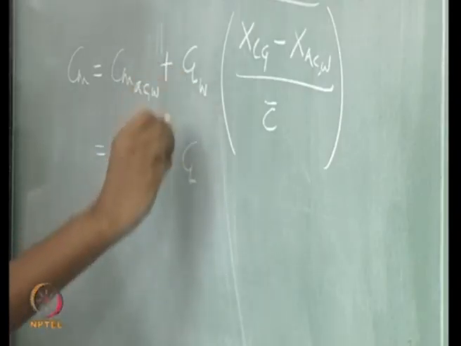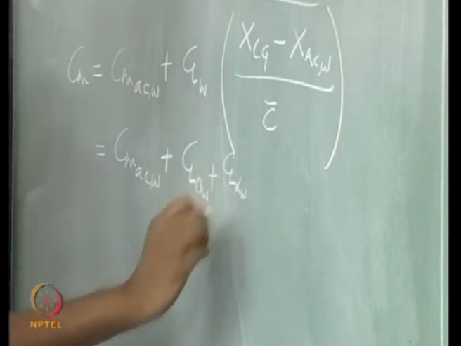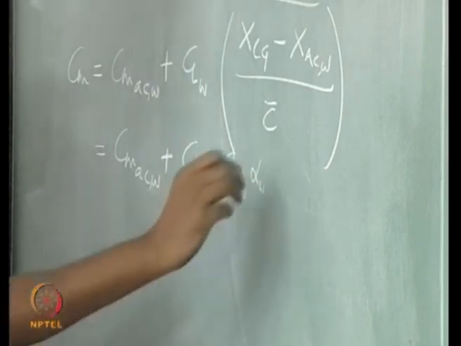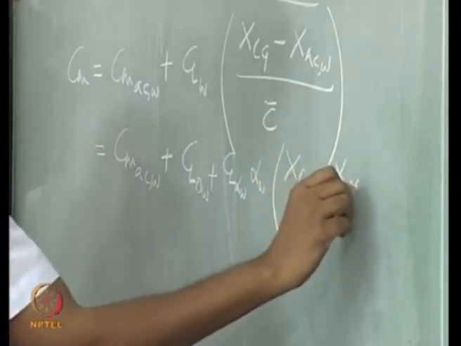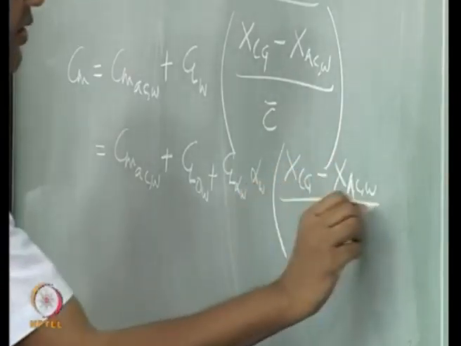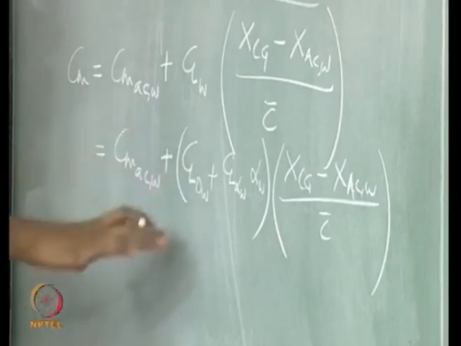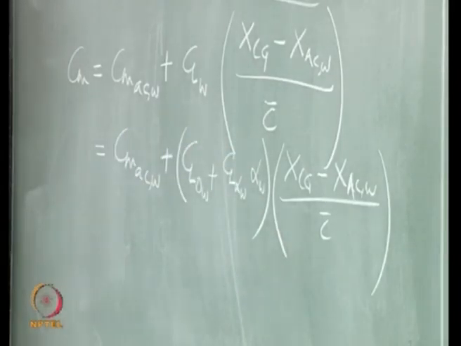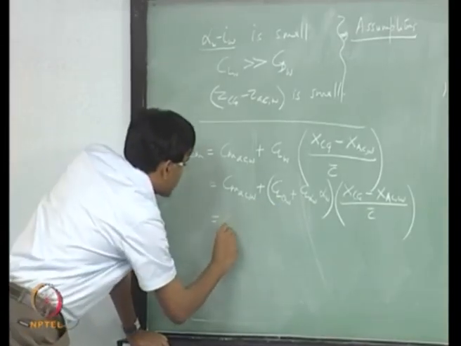So, the CLW is CL naught W plus CL alpha W into alpha W. So, now there is one term which is depending upon the angle of attack, the other one which is not depending upon angle of attack. So, let us try to separate them.